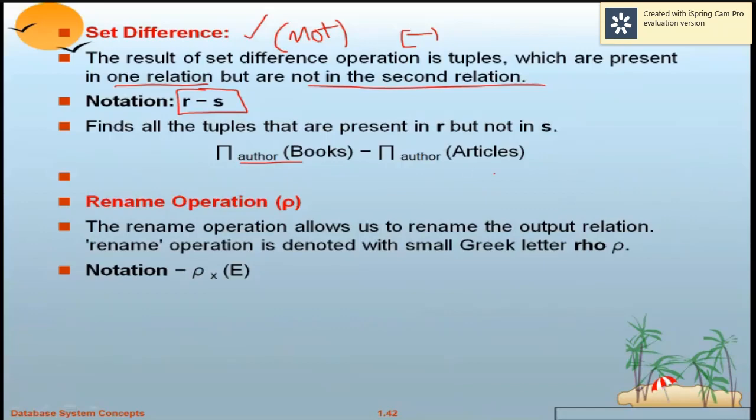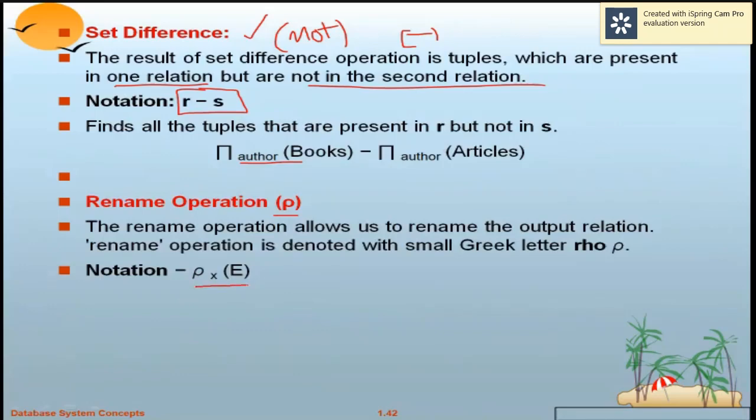Okay. Next one is the rename operator. The rename operator is represented by the rho symbol. And you know what the purpose of rename is. If you want to change the name of an existing relation, or if you want to change the name of the relation temporarily, in that case you go for the rename operator. Look into the syntax directly.